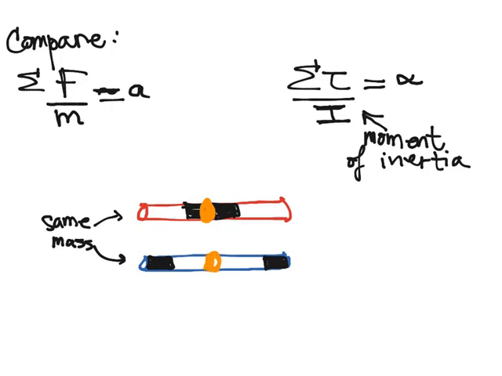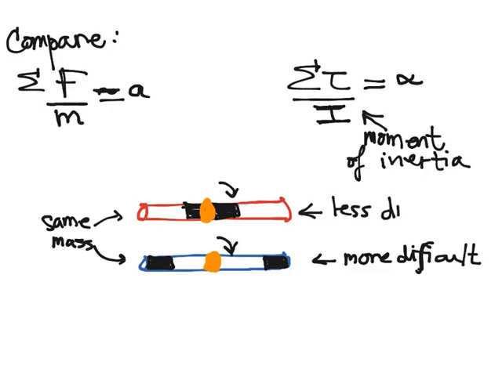If you were to put your hand right there and try to twist either one of these, you would find it is more difficult to twist the blue one, and less difficult to twist the red one.